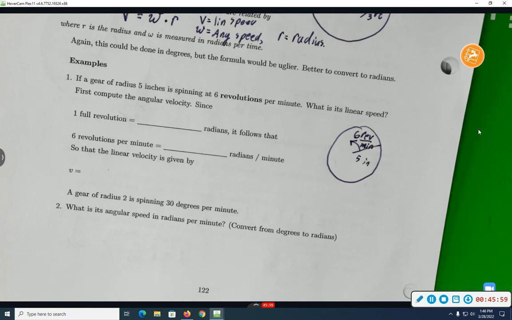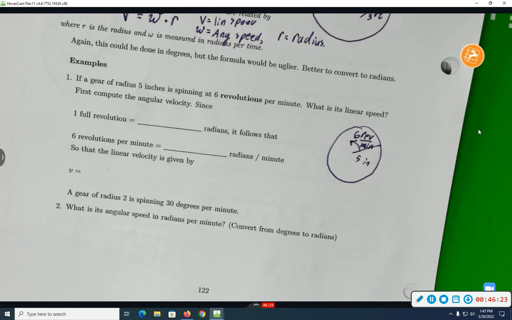Well, that's great. We have a formula that converts from angular speed to linear speed, don't we? But it requires the angle to be in radians. Is the angle we have in radians right now? No, it's in full revolutions. But how many radians make one full revolution? 2 pi.